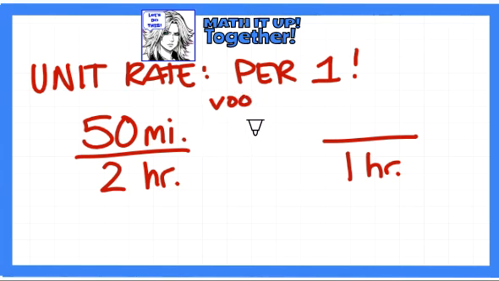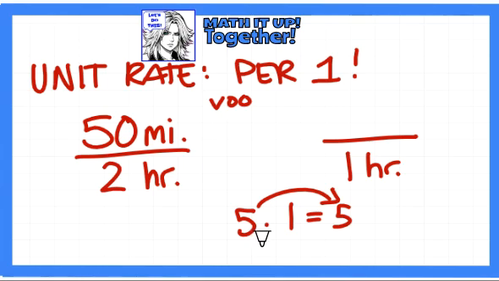We can take our version of 1 and remember, we can multiply any number by 1 and it stays the same. It keeps its identity. 1 is the identity for multiplication. And we can also divide any number by 1 and it keeps its identity because 1 is the identity for division as well.